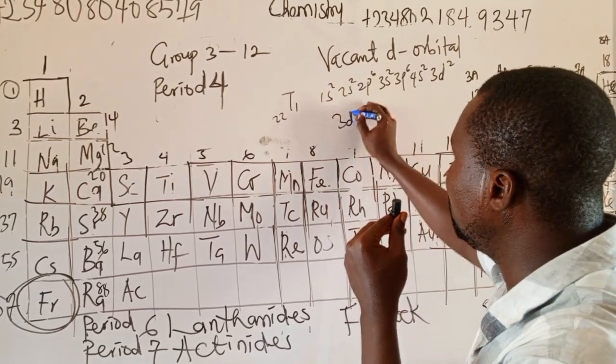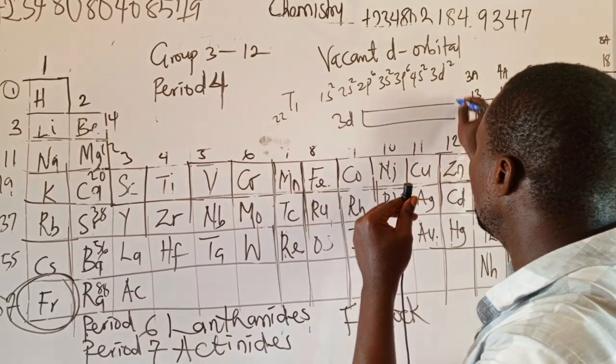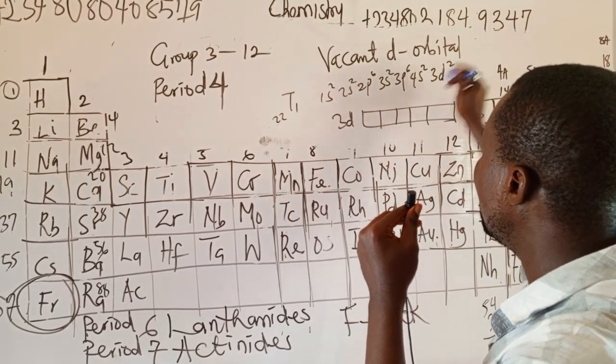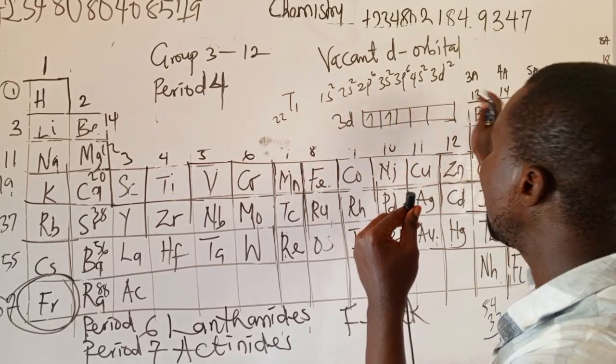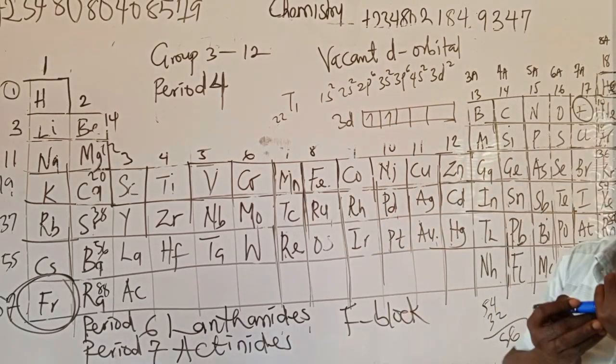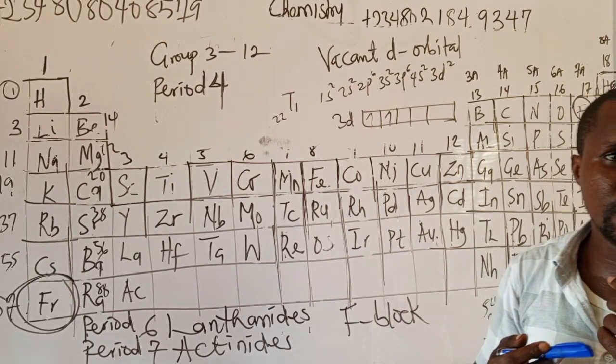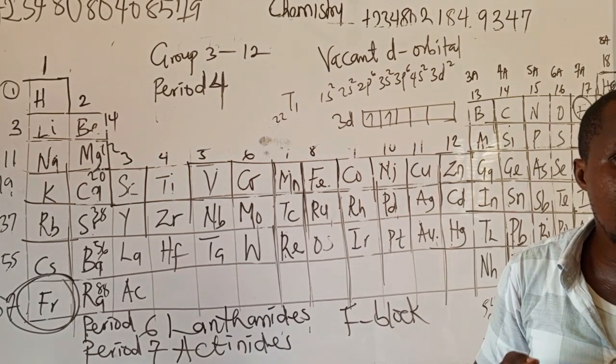If you draw the 3d structure, we have 5 orbitals: 1, 2, 3, 4, 5. You have only 1, 2 filled, so it's not filled. Transition elements have d orbitals that are vacant.